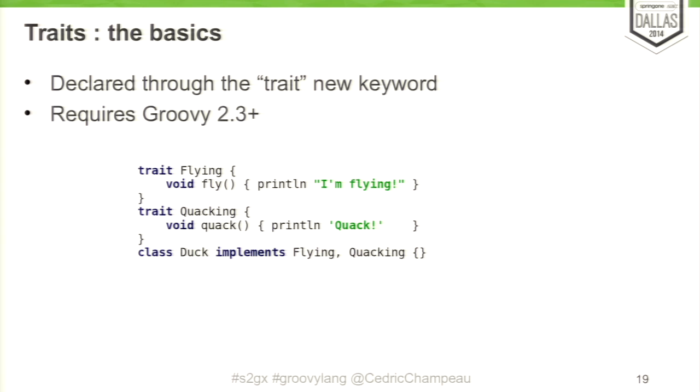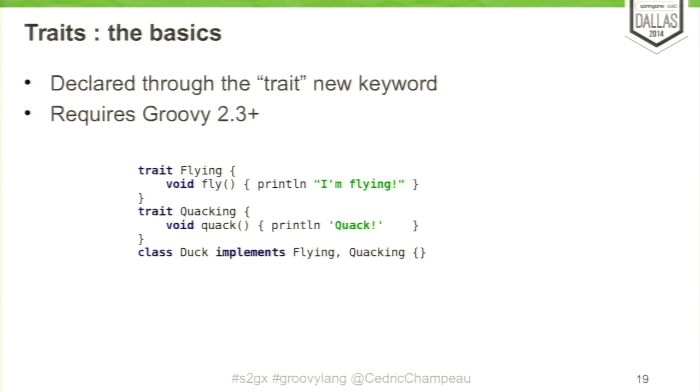I think it starts with naming. Flying describes an intent. So you're describing in the name actually a capability of your trait. I think it's very important. Naming is very important. So for traits, I would tend to use that kind of name. Flying.